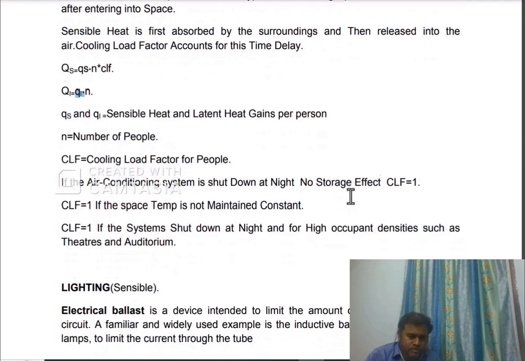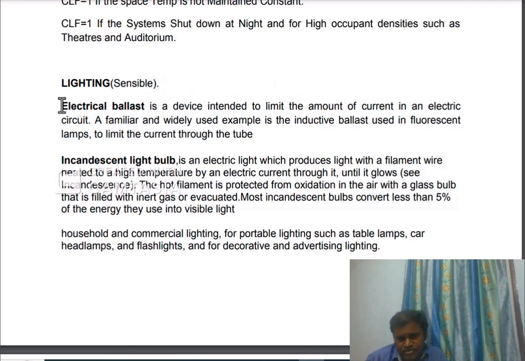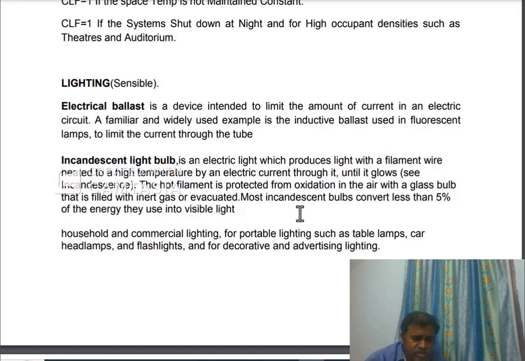Coming to lighting, we need to understand the concept of the electrical ballast. This is a device intended to limit the amount of current passing through the circuit, so resisting. An incandescent light bulb produces light through filaments, and the gases present in the bulb get excited, so it is converted into visible light.